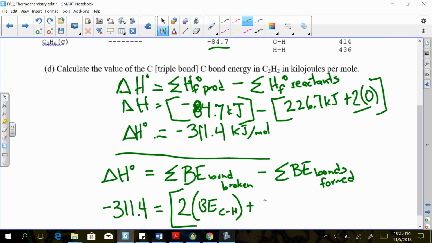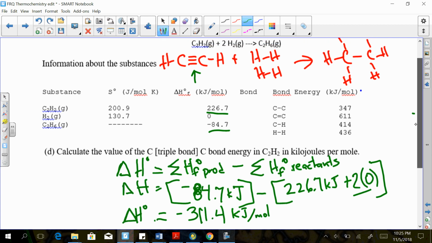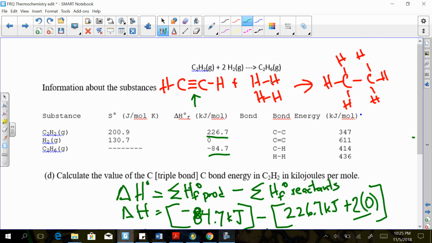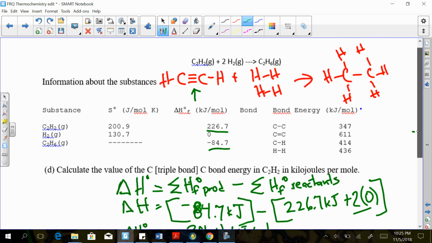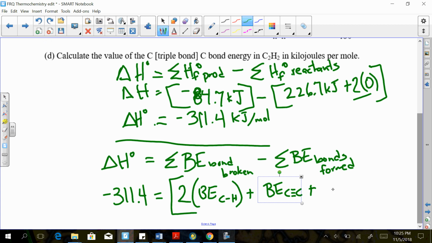So I have 1 bond energy of the carbon-carbon triple bond, plus I also have the bond energy of these 2 hydrogens. And so I have 2 of those, so I have 2 times the bond energy of the hydrogen bonds.